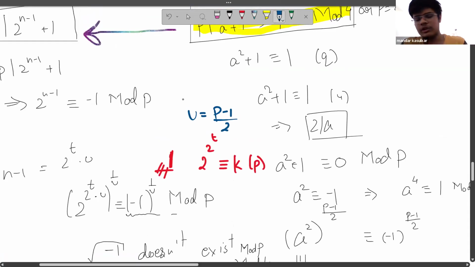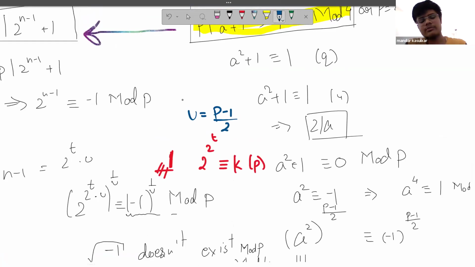Do you know what a quadratic residue is? People who don't know what a quadratic residue is, feel free to skip this part. Take a quadratic residue a, then a raised to the power p minus 1 over 2 is congruent to 1. Sorry, take a non-quadratic residue, and you get this thing.